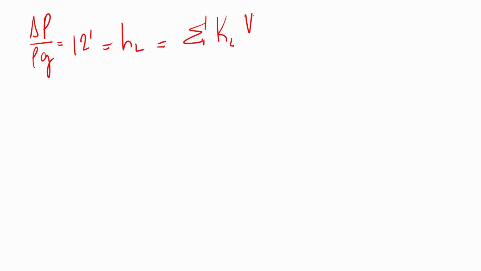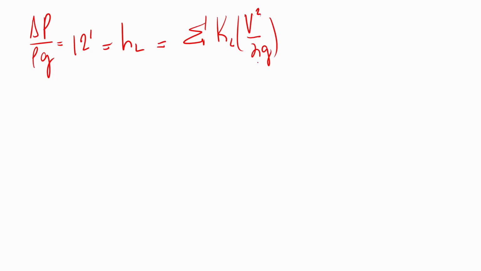So let me rewrite that. And this is losses. The problem told me that I don't have any major losses, only minor losses. So this is going to be equal to the summation of the KL values times V squared over 2g.